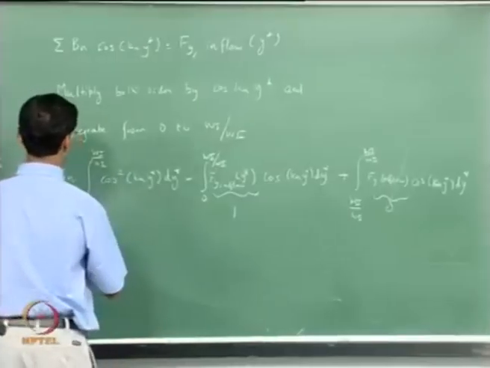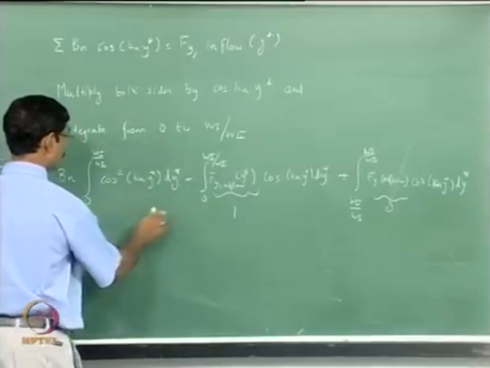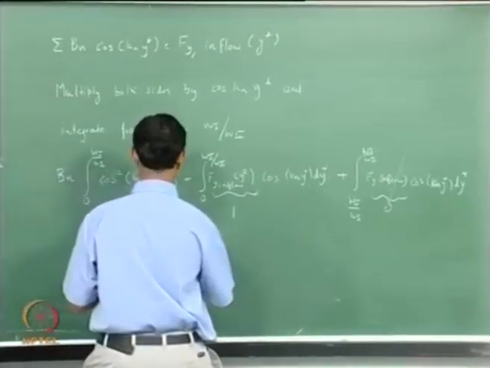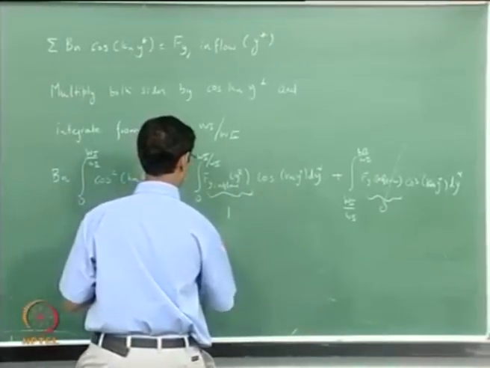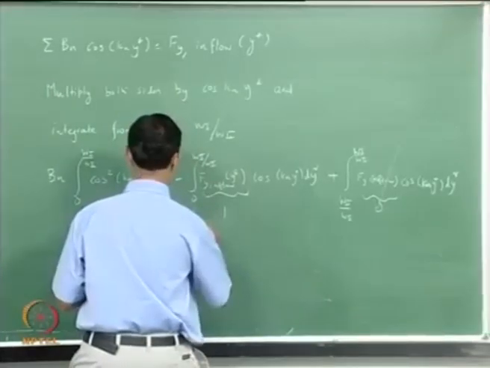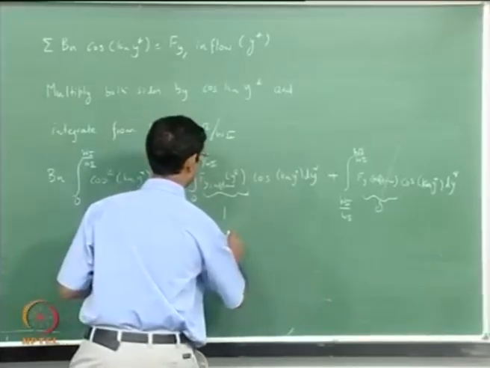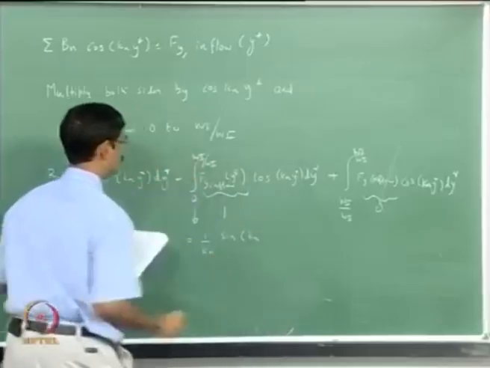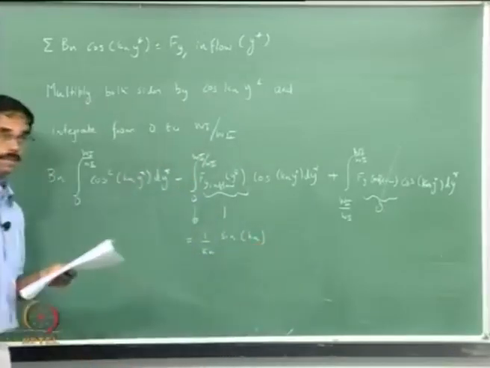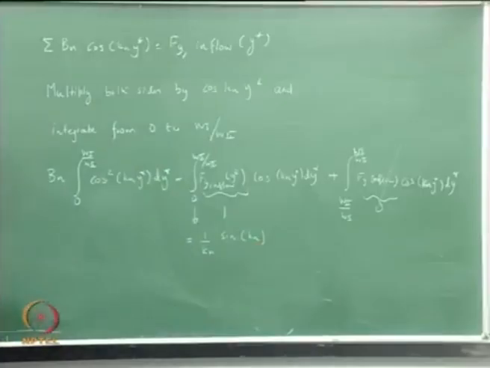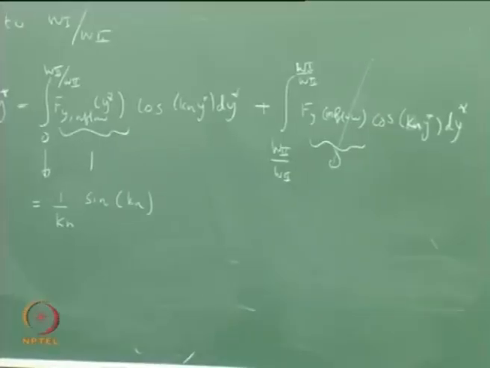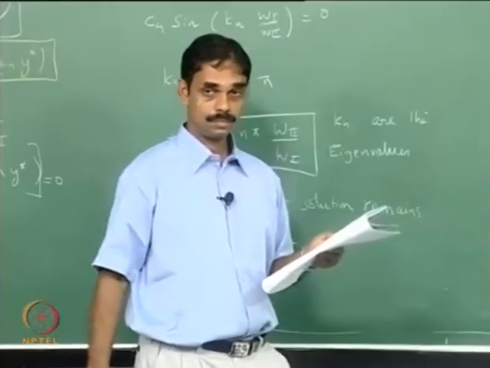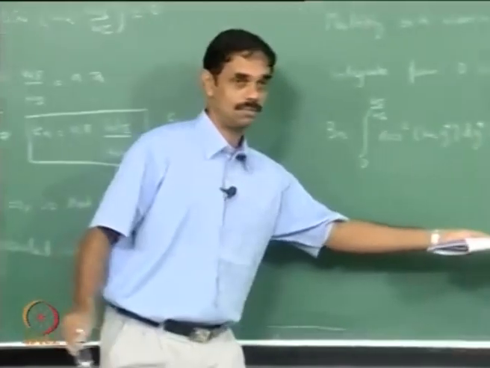So you should get, we will look at the right hand side, so this would be 1 over kn sin kn. Is that okay? Let me know if this is not what you get.